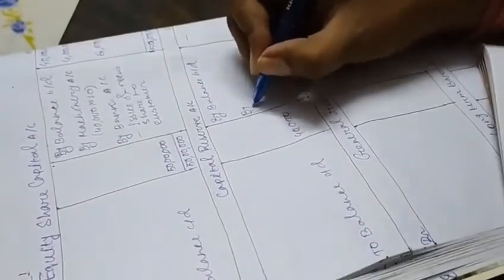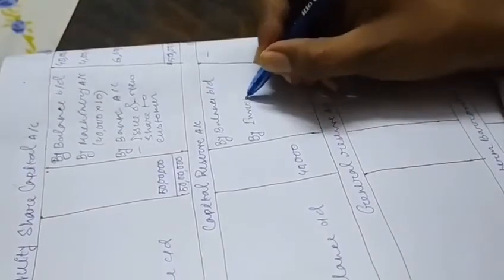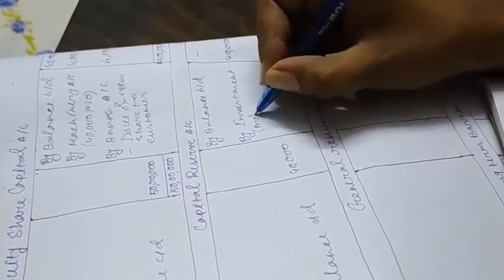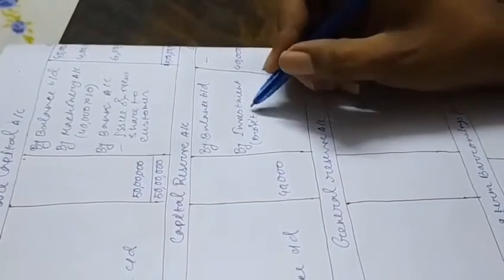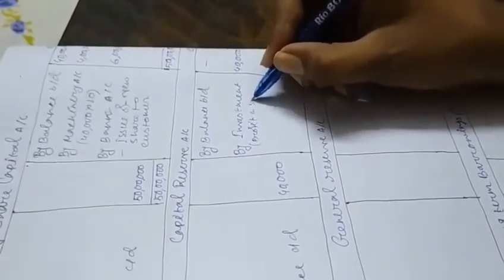So here it is by investment, that is 40,000. I'm writing it down as an explanation: profit on sale of investment.